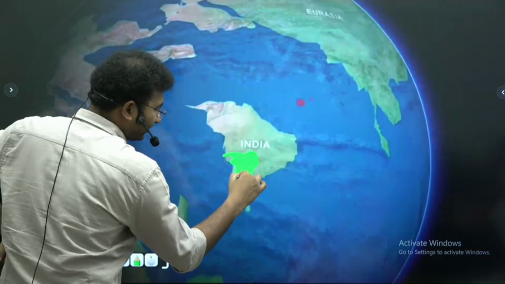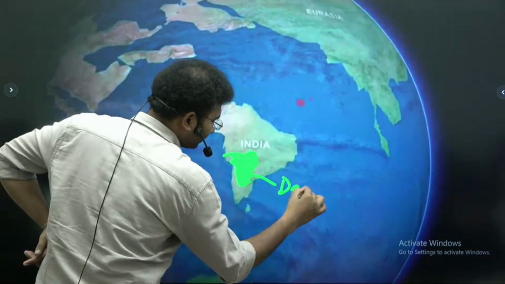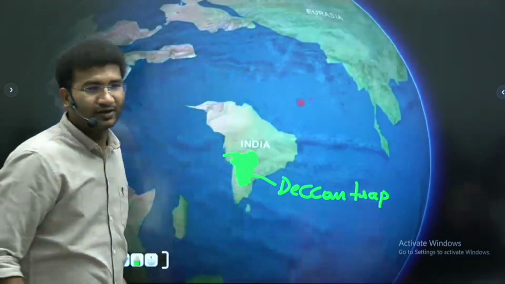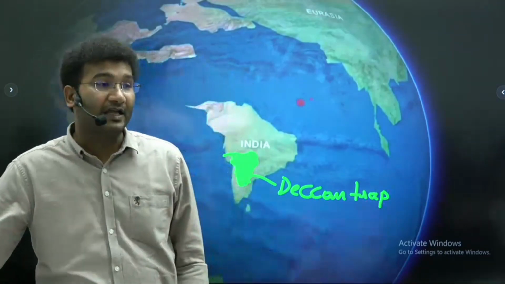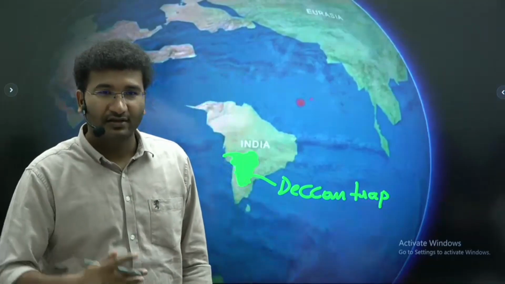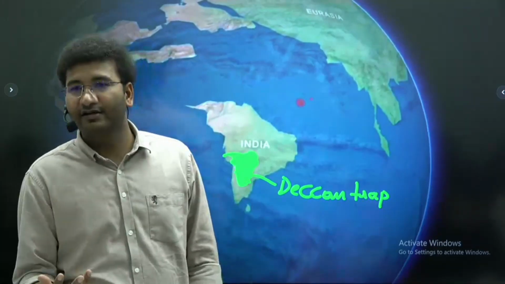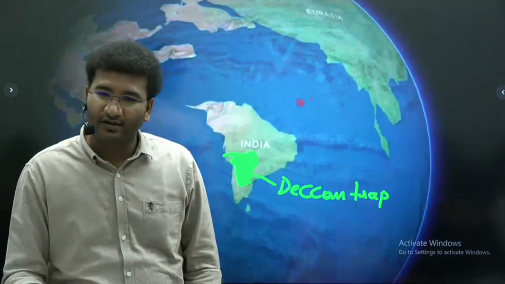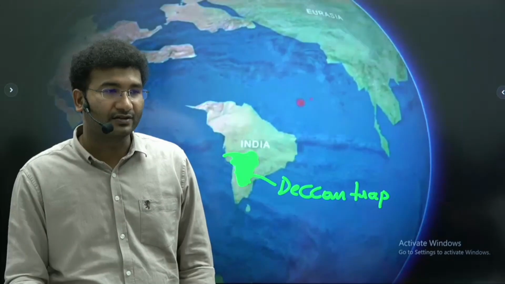And this is what turned out to be your Deccan traps. Now don't just think that there is one volcano here. There could be thousands and lakhs of small volcanoes that could have erupted, and they started to pour that volcano every day for hundreds of years.